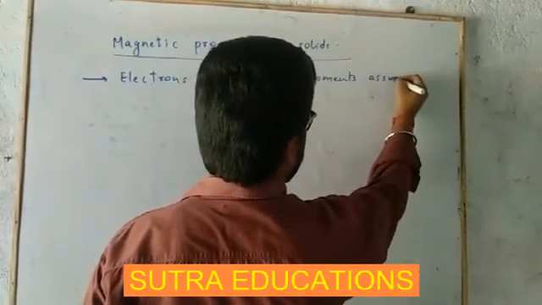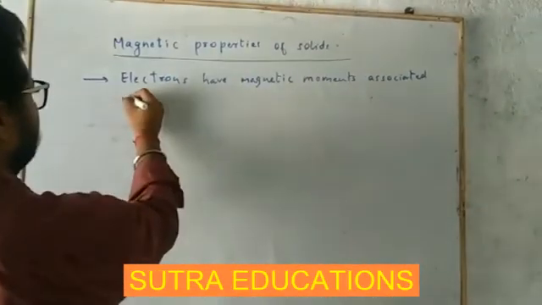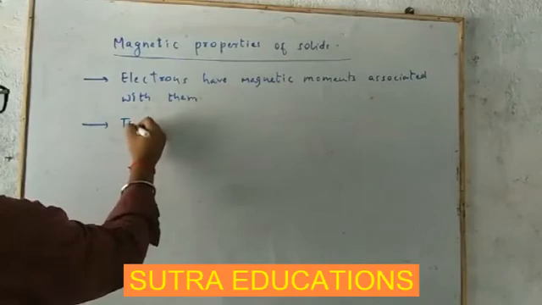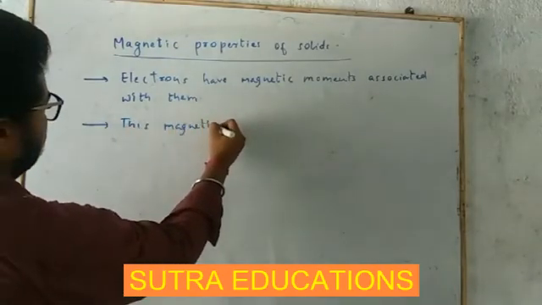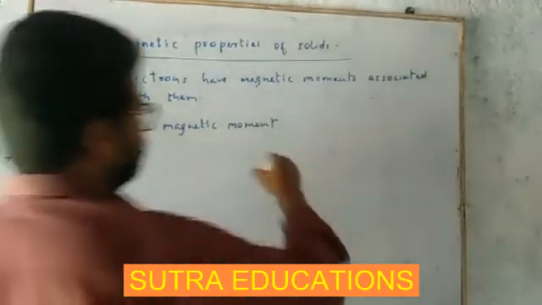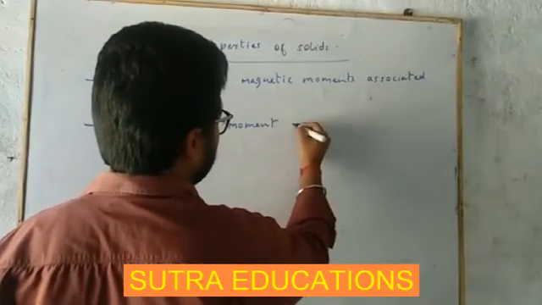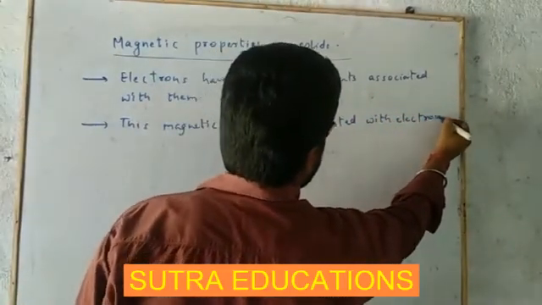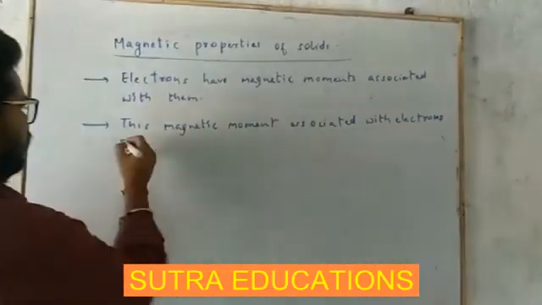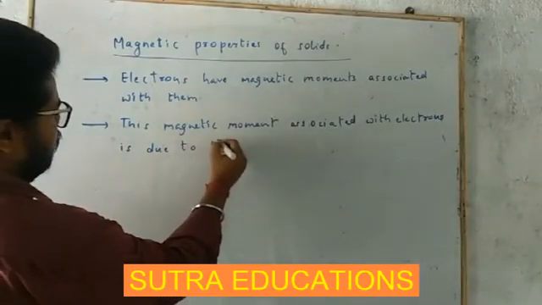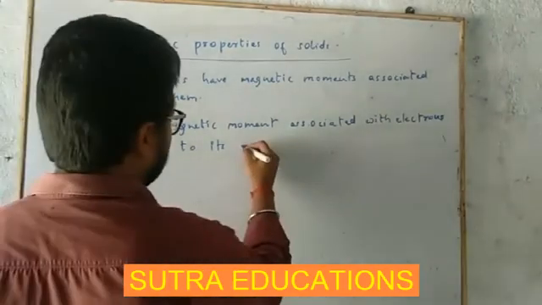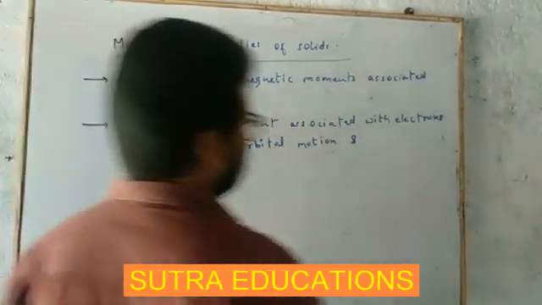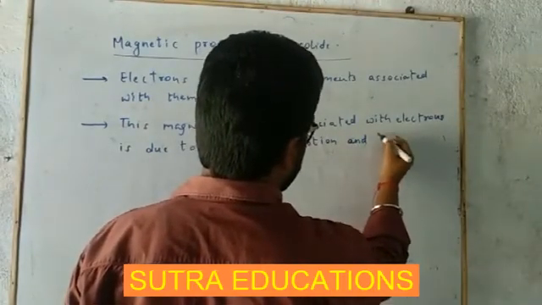This magnetic moment in electrons, or associated with electrons, is due to its orbital motion and spin motion.